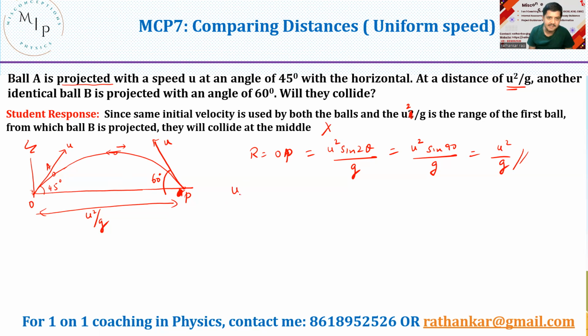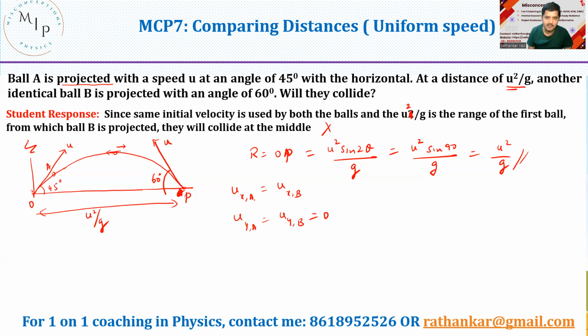I can write this as ux,a should be equal to ux,b, and uy,a should be equal to uy,b, which should be equal to 0. They should not be having any y velocity.